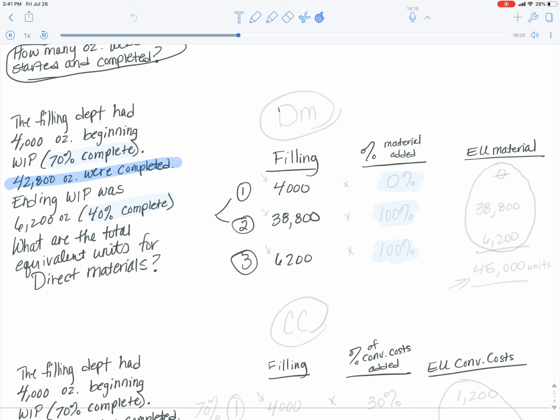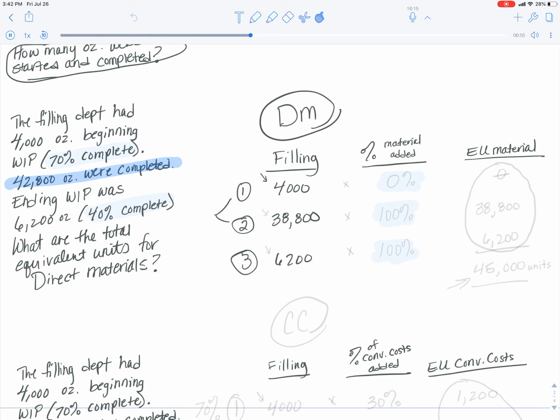So when we are working on the equivalent units for direct material, we are always going to be assuming that costs associated with these materials were added at the beginning. So if the 4,000 units was beginning last month and it was already in process, that means the material was already added.